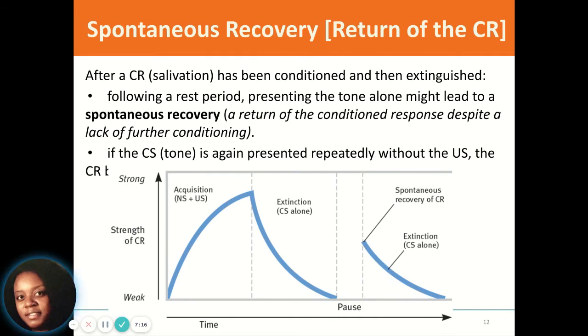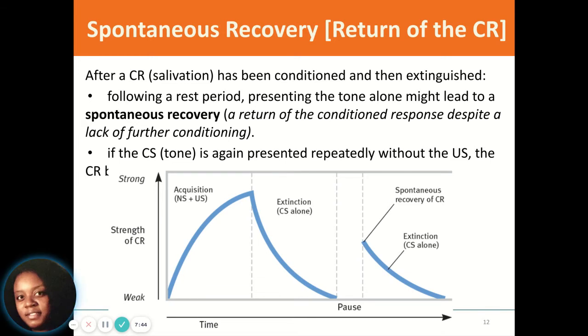Spontaneous recovery occurs when, after a period of time of no conditioning, suddenly a conditioned response will come back. So let's just say we've extinguished a behavior, and a year or two later, there's a bell that rings and the dog suddenly salivates.